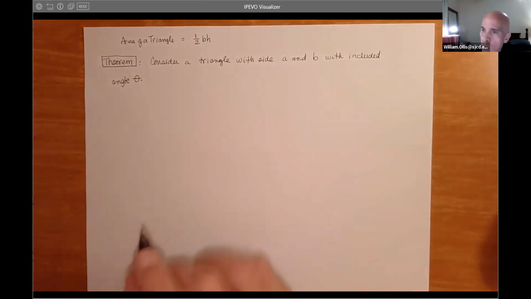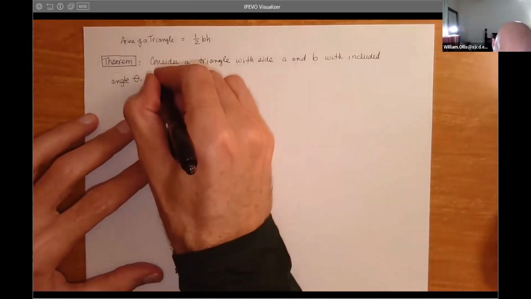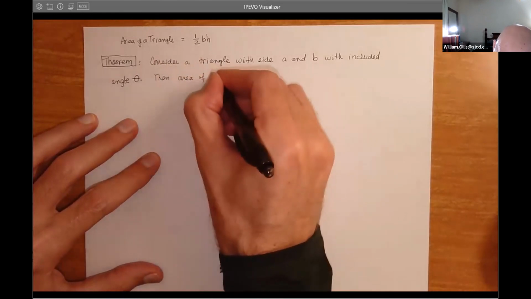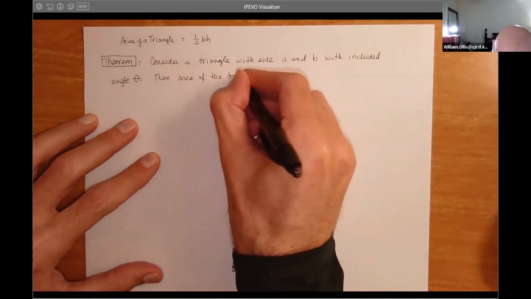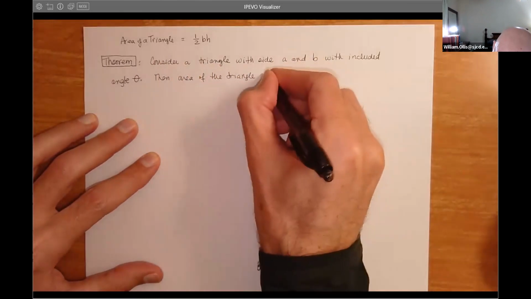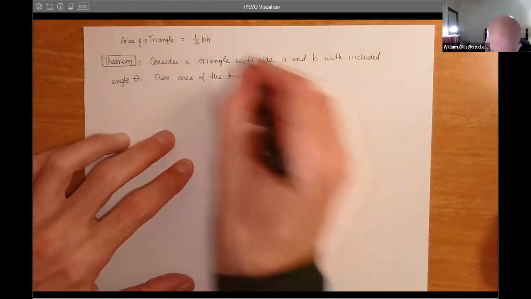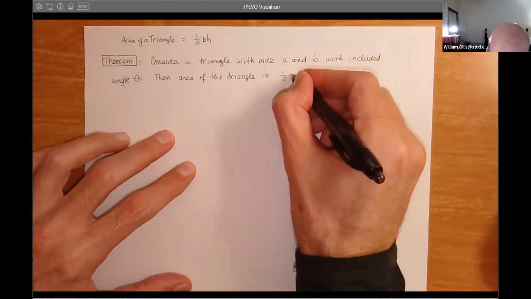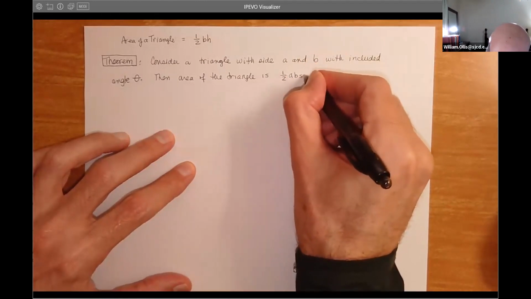So what's the result here? Then the area of the triangle is, and it's going to be reminiscent of this, 1/2 AB sine theta.